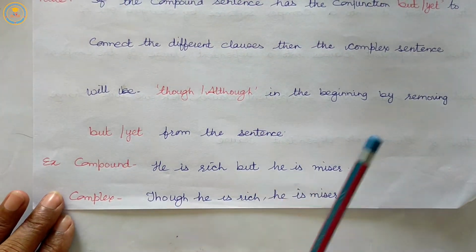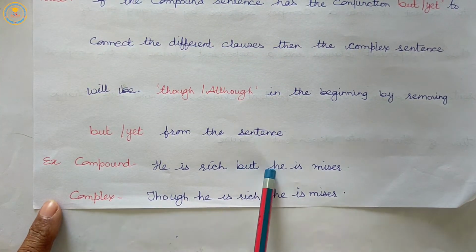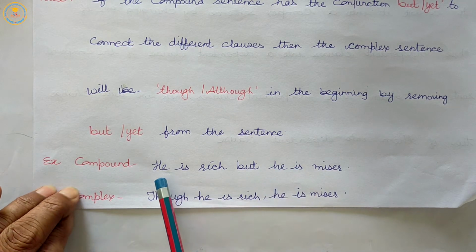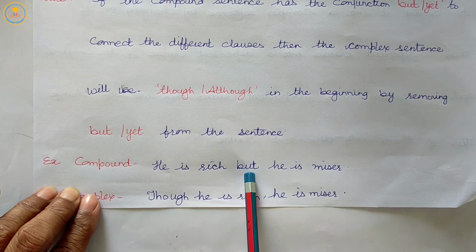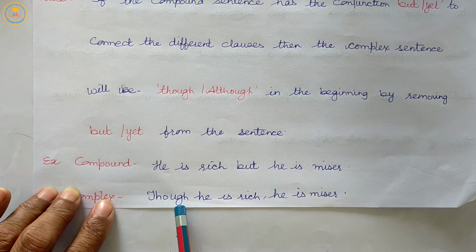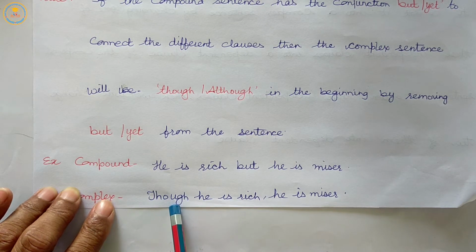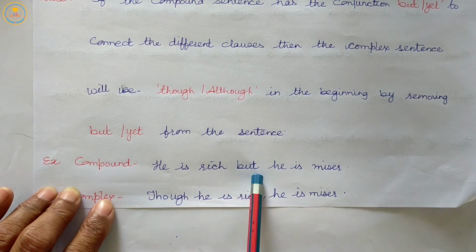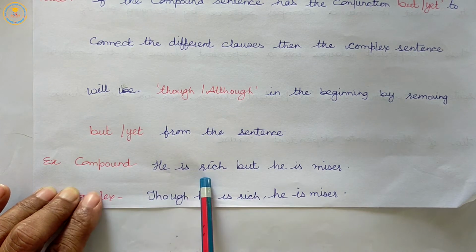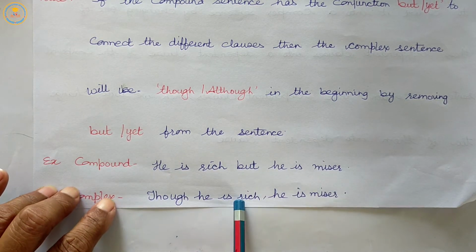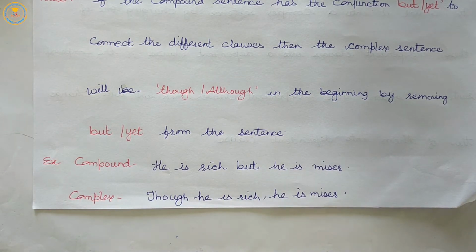Here, he is rich but he is miser. So, what is our first rule? If the compound sentence has but or yet to connect two clauses, then in the complex sentence we will start our sentence with though or although and remove but or yet. So, he is rich but he is miser becomes: though he is rich, he is miser.